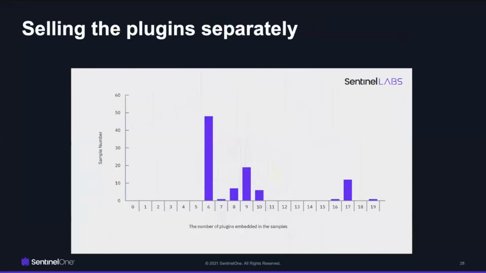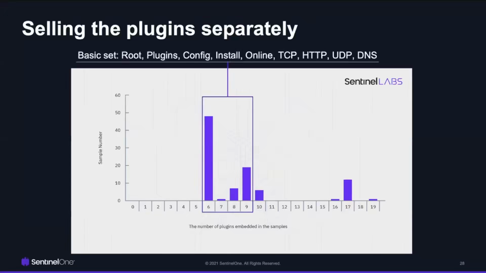Next, let's check the plugins embedded inside the samples. As I described beforehand, there are some plugins embedded in the sample by default, and additional plugins can be uploaded remotely later on. We plot the plugin numbers across around 100 samples. As you can see, most of the samples only contain fewer than 9 plugins.